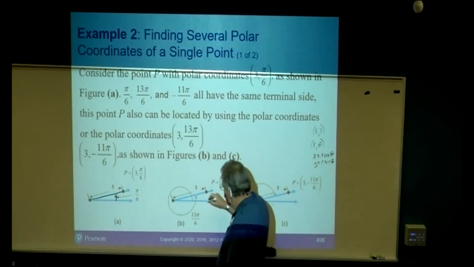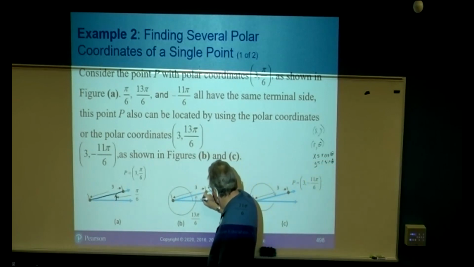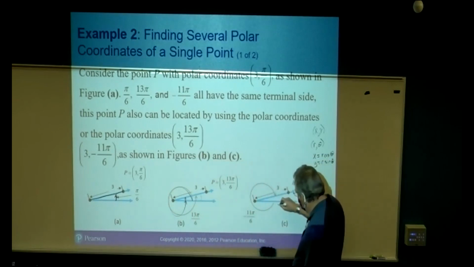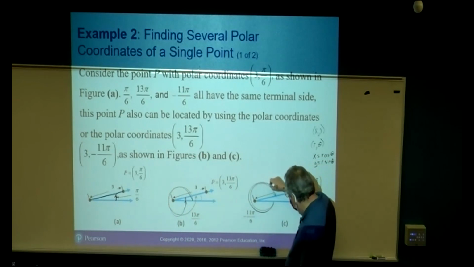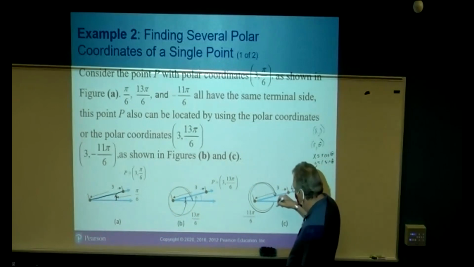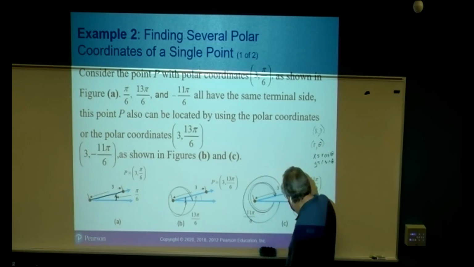And you can think of this angle here as being 1 revolution and then coming to that angle. So we make 1 revolution and then we continue on till we hit that ray. Or we could go in the opposite direction and pass it up and come back to it.